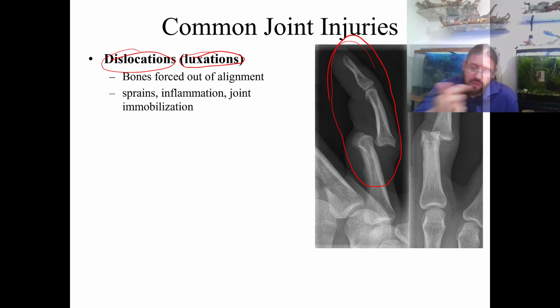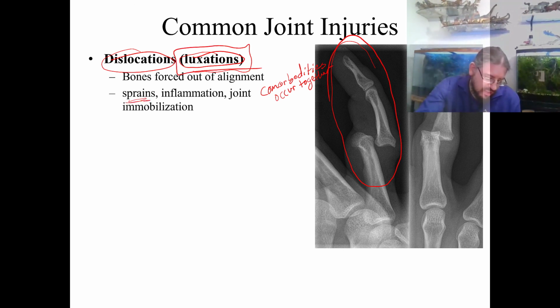So generally we have comorbidities, which is your fancy medical term for conditions that occur together. If you have suffered an injury hard enough to luxate a joint, you're generally going to see sprains in the ligaments holding that joint stable, inflammation due to the rip of tissue, and joint immobilization because the bones are no longer articulating properly.